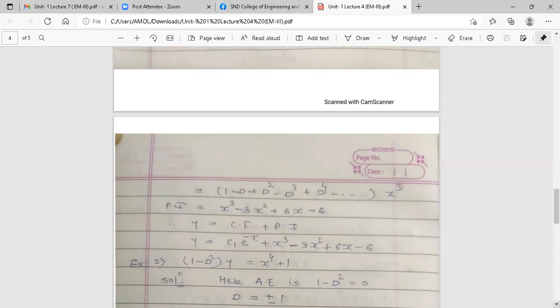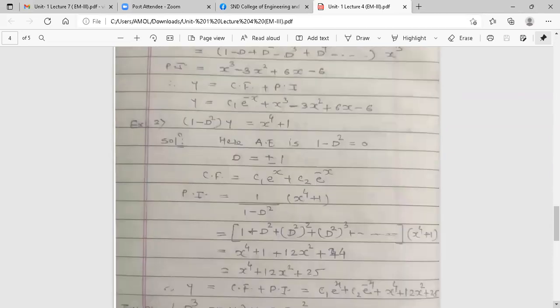Now, the next example is here: (1 minus D square) y is equal to x raised to 4 plus 1. It is the reduced form of LDE, phi of D into y is equal to f of x. So your auxiliary equation is 1 minus D square is equal to 0.